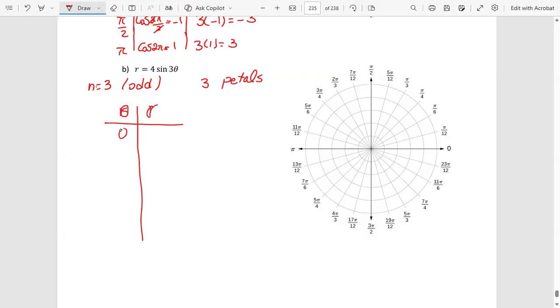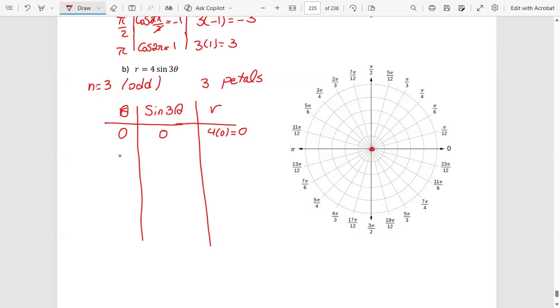If I replace 0, let me just find the sine of 3 theta first. The sine of 3 times 0, which is sine of 0, is 0, and r is 4 times 0, which is 0 again.